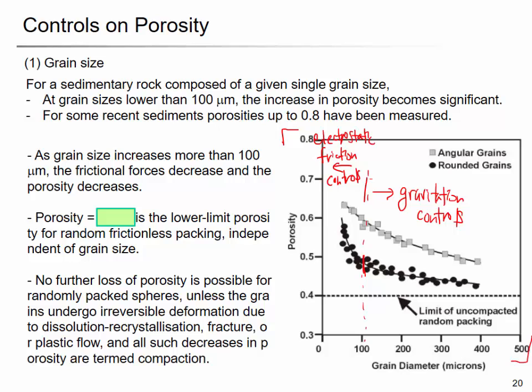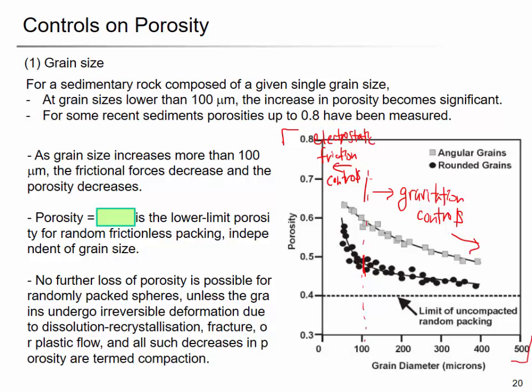So in some sense, it's very obvious that we have this kind of significant trend in this region, the grain size diameter less than 100 micrometer. And the porosity, you can see as you go to this direction, it approaches the limit of the random packing.